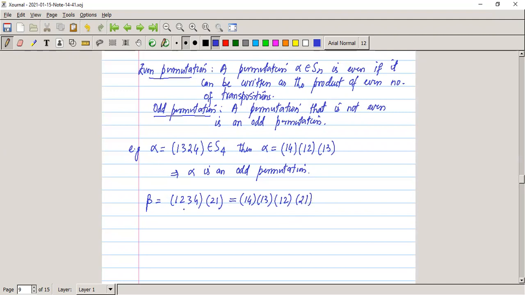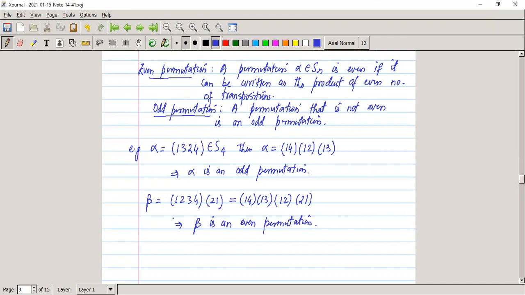So the number of transpositions in this permutation is 4. So this implies beta is an even permutation. In fact, in this beta, we can see that (1 2) into (2 1) is an identity. Therefore, this beta is actually (1 4)(1 3), but still the number of transpositions is 2, so this beta is an even permutation.